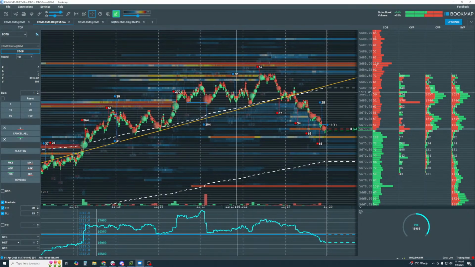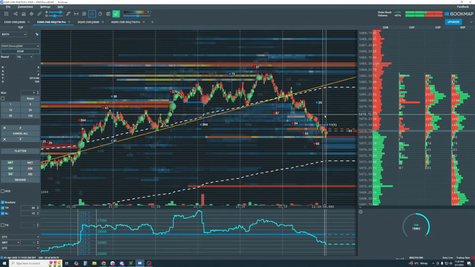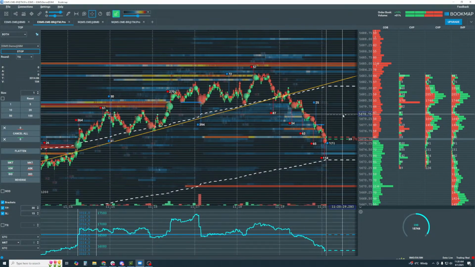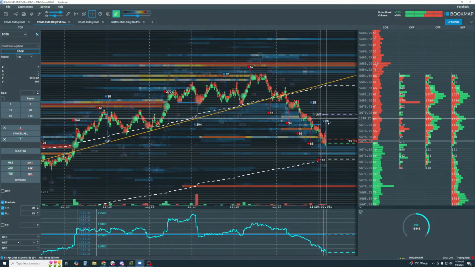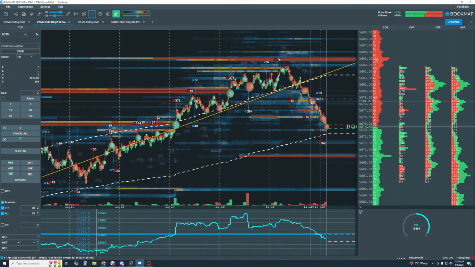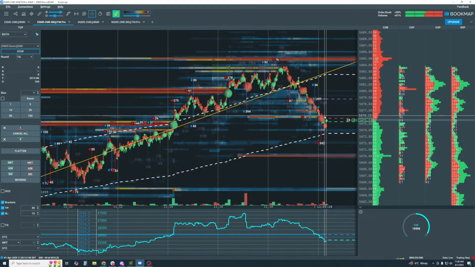Okay, this is kind of an odd distribution type of pattern in here. It's kind of doing it though. How can we find our way into that? You'd be looking maybe at setting a limit sell up here. Oh, hey, it just moves away. There's no kind of left shoulder here at all.